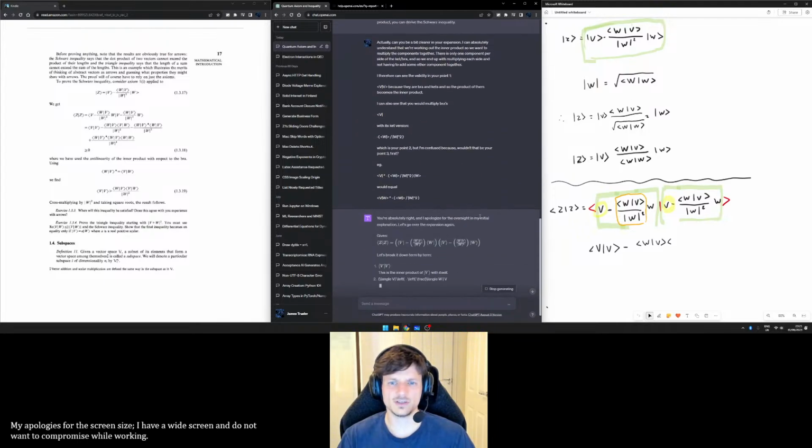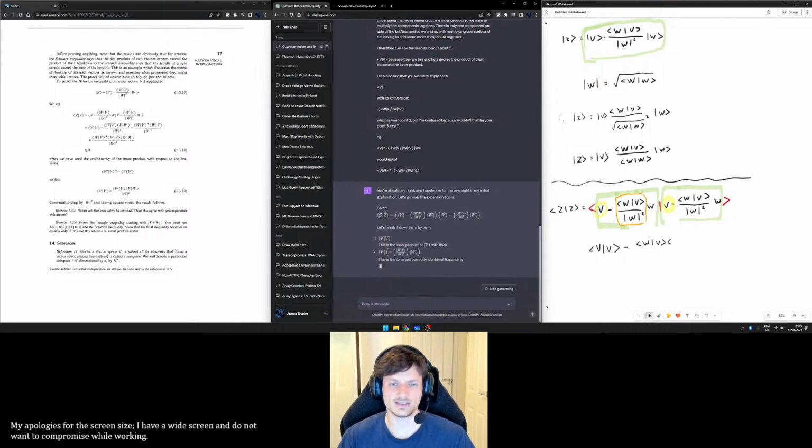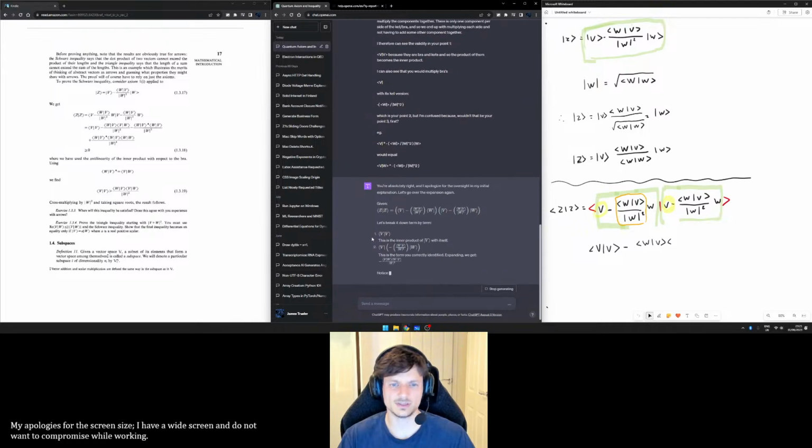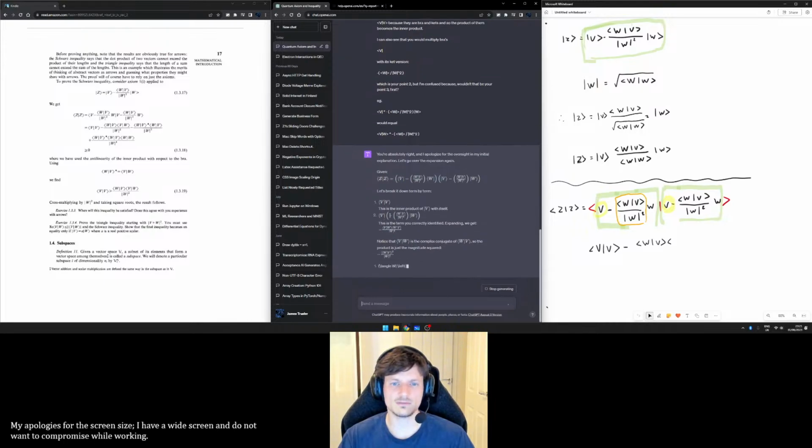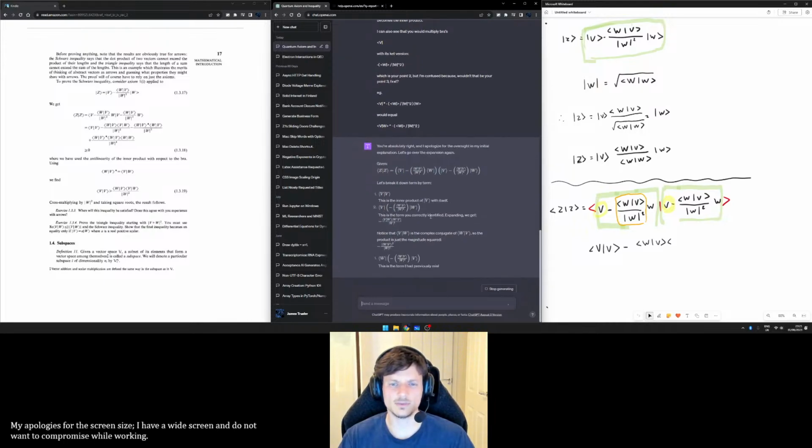You're absolutely right, and apologies for the oversight in my initial explanation. Let's go over the expansion again. Given z equals that, let's break it down term by term. V is the inner product of V with itself. Therefore, V minus that. This is the term you correctly identify for expanding.